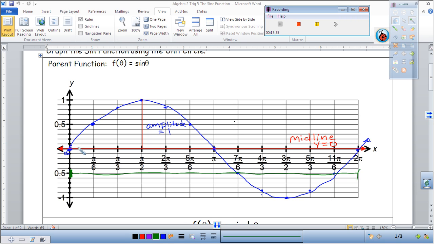Your sine curve will always have an up and then a down and then back to 0. It ends where it starts at 0, 0. But it has to go up and then back down. The period for this is 2 pi. Period equals 2 pi. Any questions?